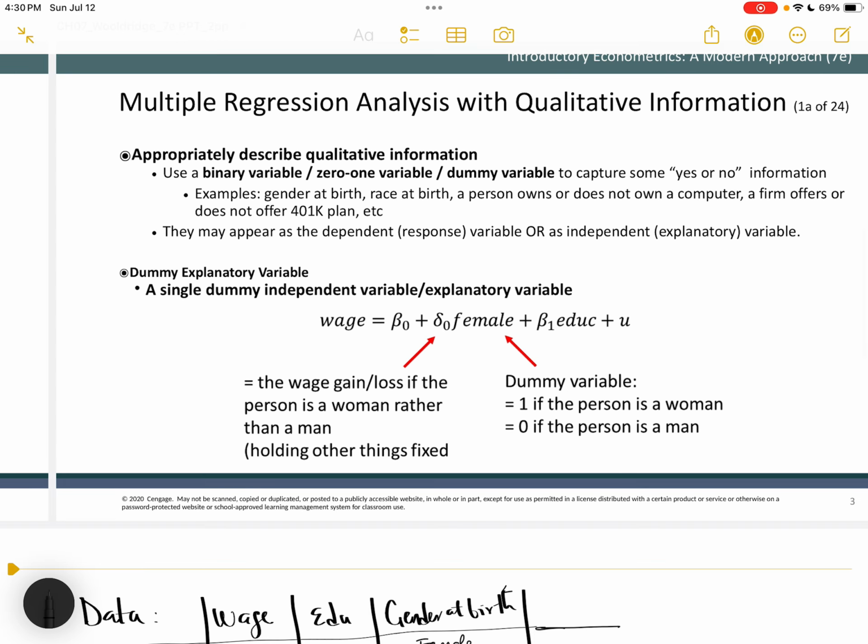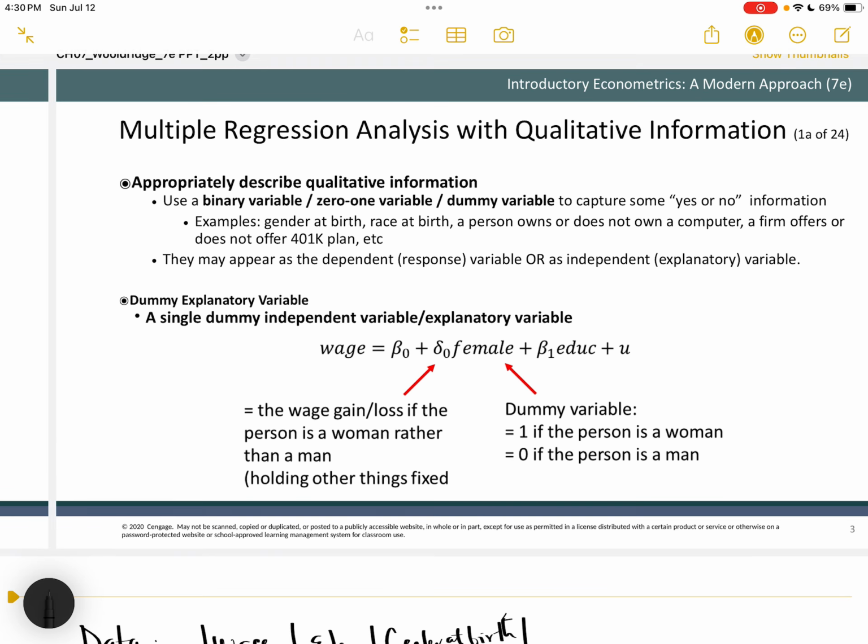Let's take a look at the information on qualitative data. The dummy variable is used to capture some yes or no information, right? It's also known as a binary variable or a 0-1 variable. So we capture information on gender at birth, race at birth, a person owns or does not own a computer, a firm offers or does not offer 401k plans.